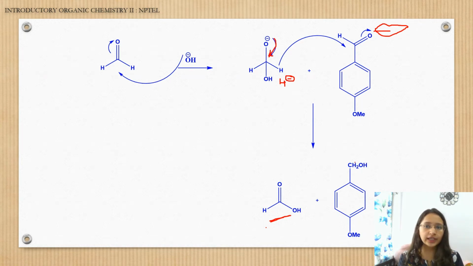Okay, this is how the Cannizzaro reaction works. For this reaction to work, the substrate must not have an alpha hydrogen in the system. Is this much clear to all of you? Clear, ma'am.